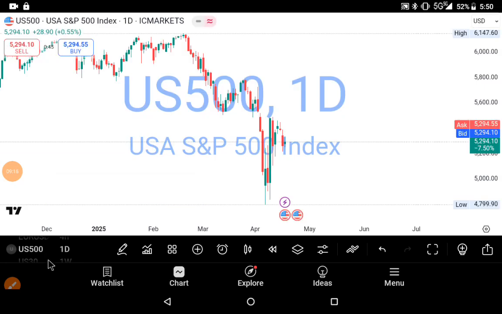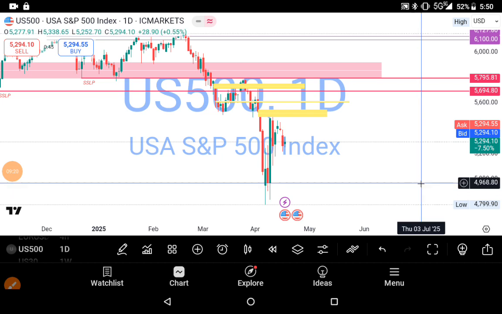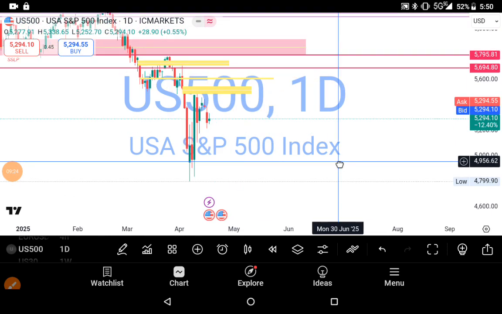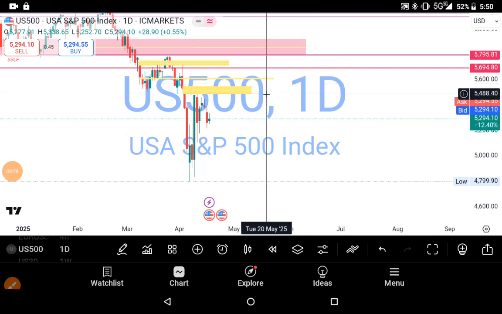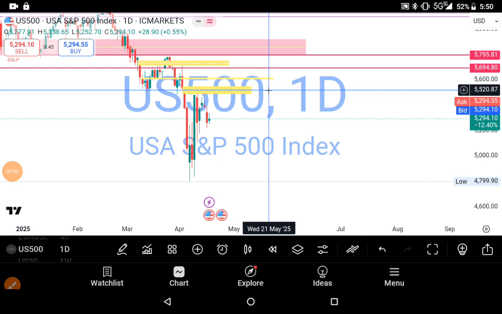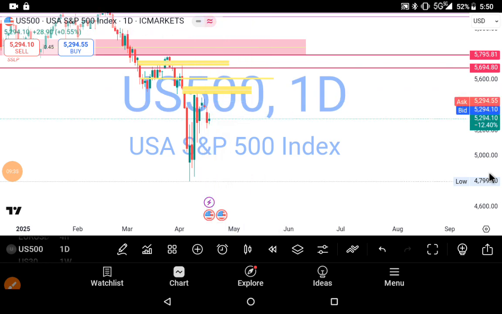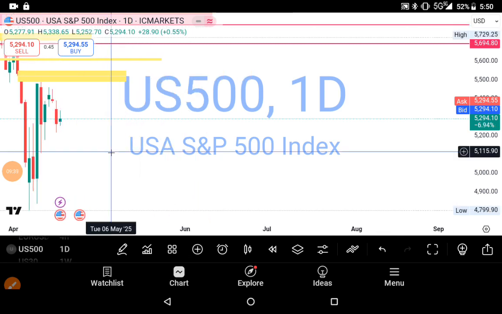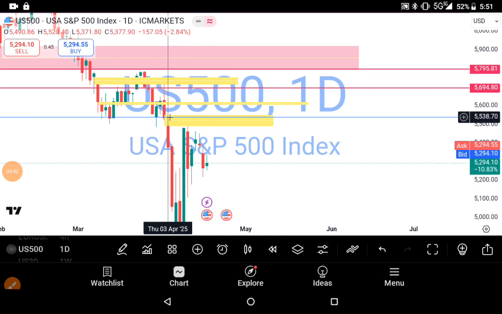S&P 500, last week I was interested in 5500, which should be a movement into the consequent encroachment of this volume imbalance here.